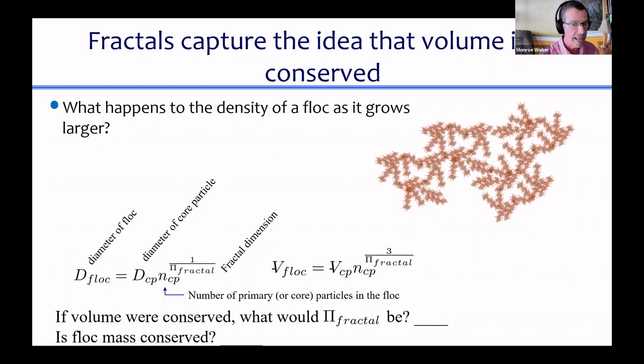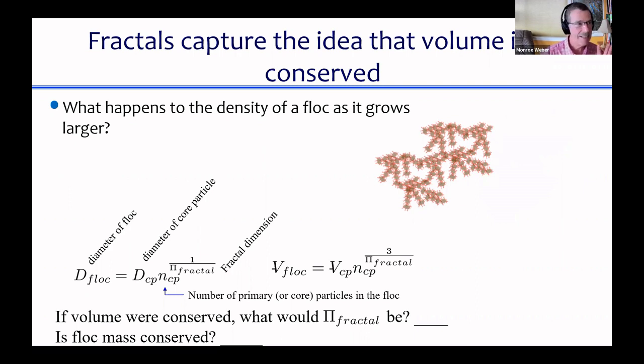And so in that case, what is the flock mass doing over time? The total mass of all the flocks in our flocculator, as they grow in size, what happens to the total mass of flocks? It increases because there's more and more water associated with those flocks.